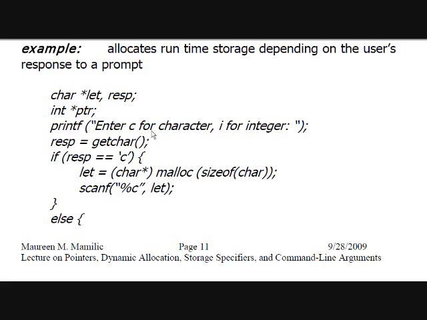Then you have a prompt saying enter C for character if you want to allocate a character, which means 1 byte of memory only from the heap, or I for integer, which means 2 bytes of memory. If the user presses C or I, it will be stored in the variable resp, or response.